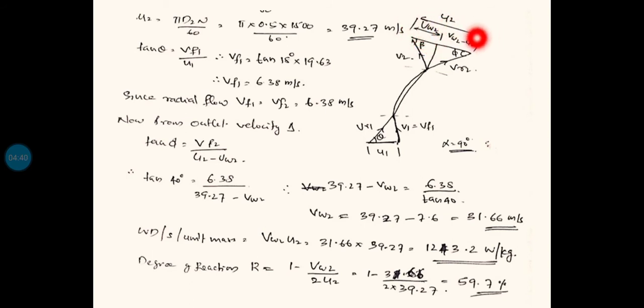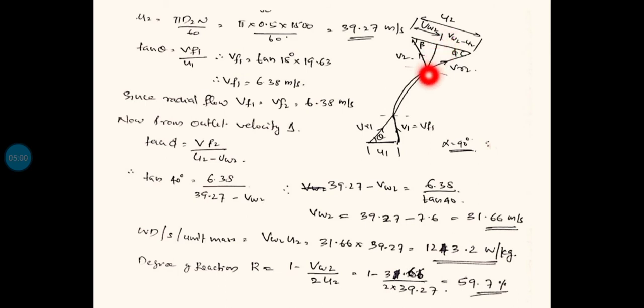We know this is U2 and this small distance is VW2, so the remaining distance will be U2 minus VW2. What is written here is wrong; actually it is U2 minus VW2. Make the correction in your notes. This vertical component is VF2, the vertical component of V2.